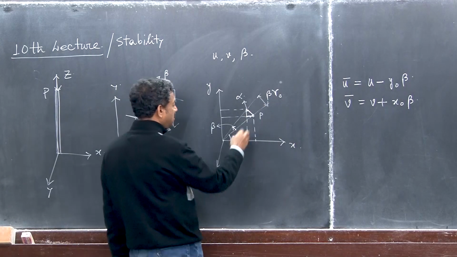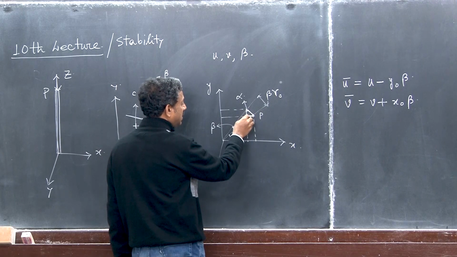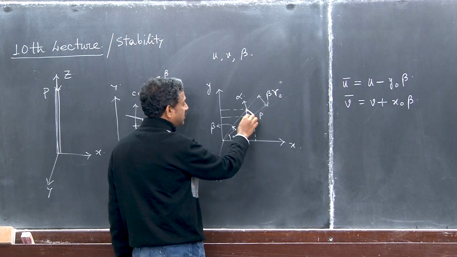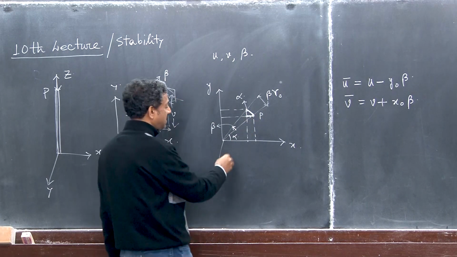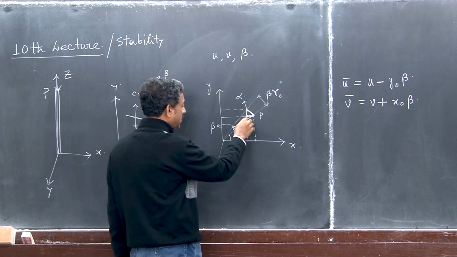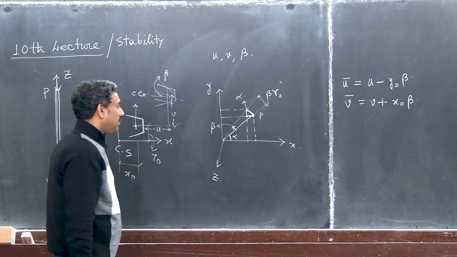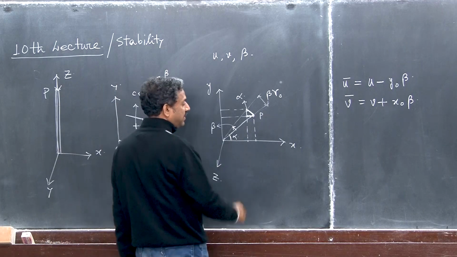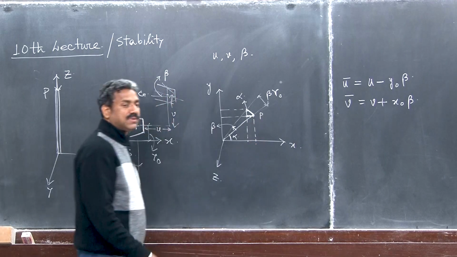And how are x0 and y0 coming? If you take this, this one is nothing but r sine beta. So r cos alpha is nothing but y0, and r sin alpha is nothing but x0.